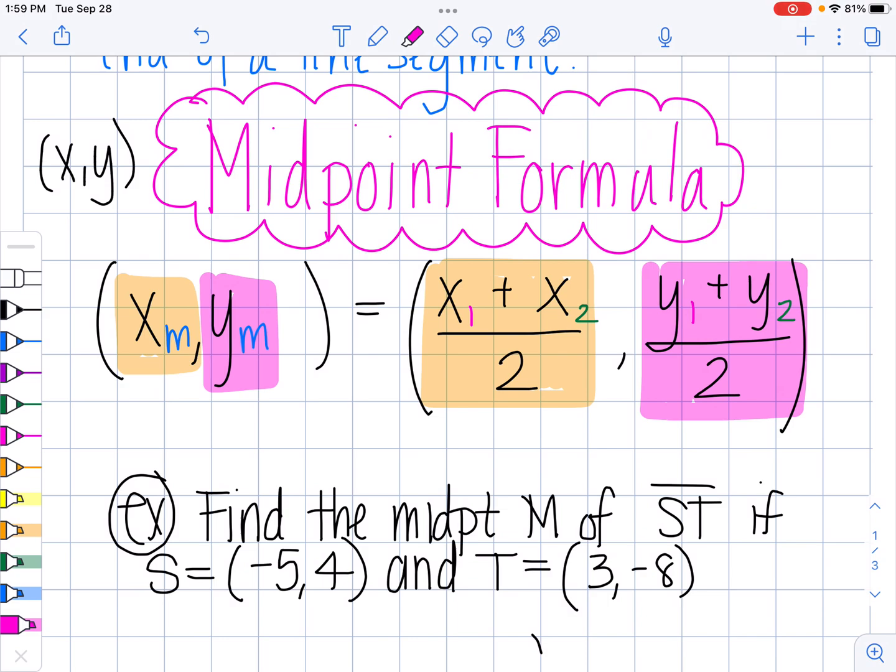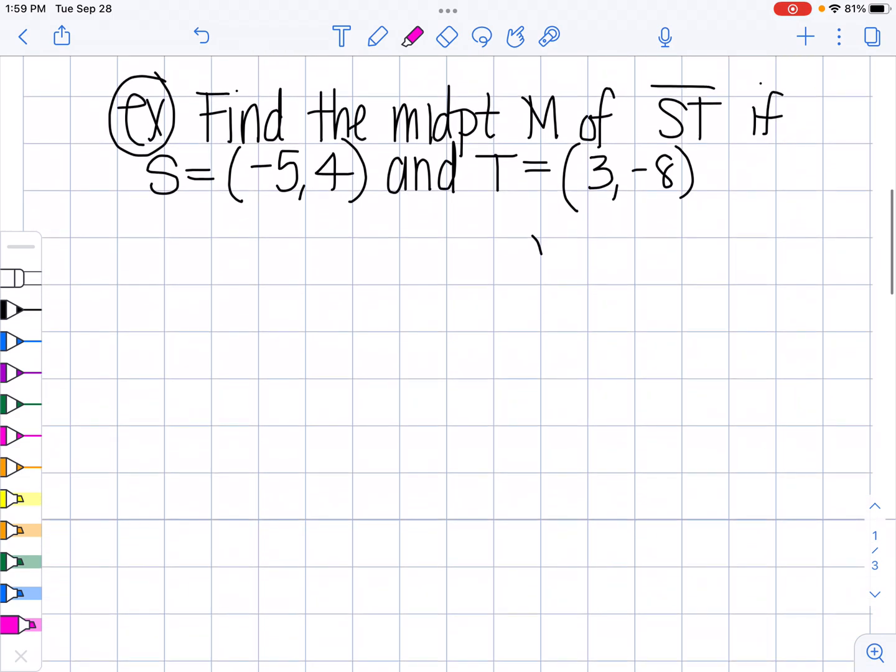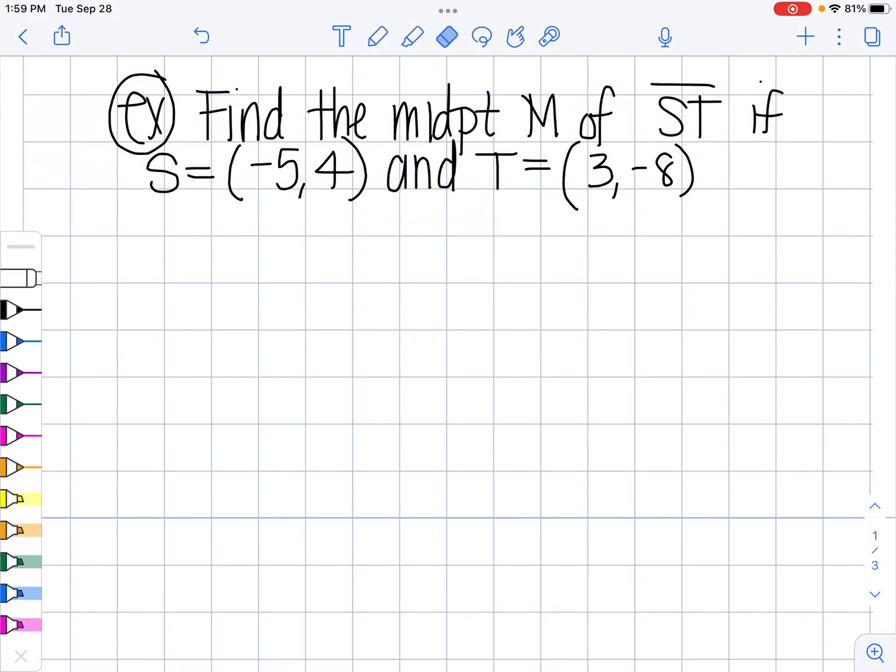So I'm going to show you two examples, one where we use the endpoints to find the midpoint and one where we use the midpoint and an endpoint to find the other endpoint. So we're going to start with what I think is the easier of the two. Find the midpoint M of segment ST if S is equal to (-5, 4) and T is equal to (3, -8).